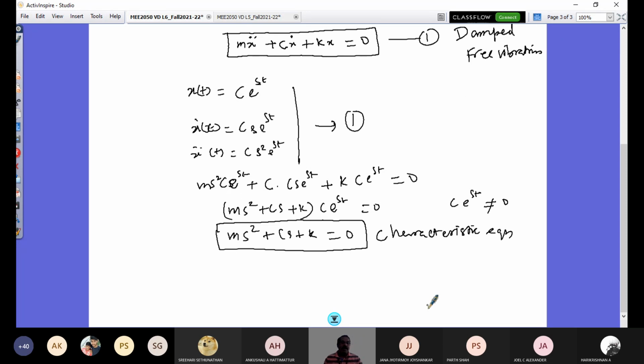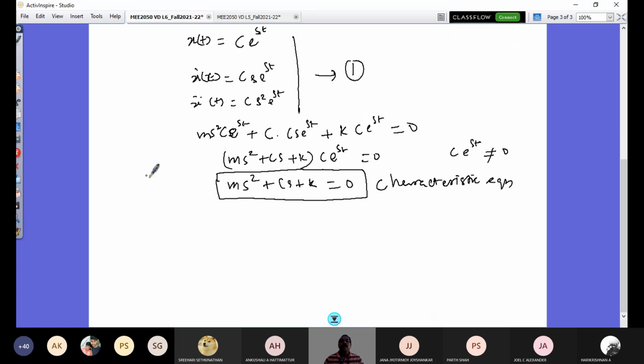The roots of this characteristic equation are going to give you interesting aspects and help you get your response.